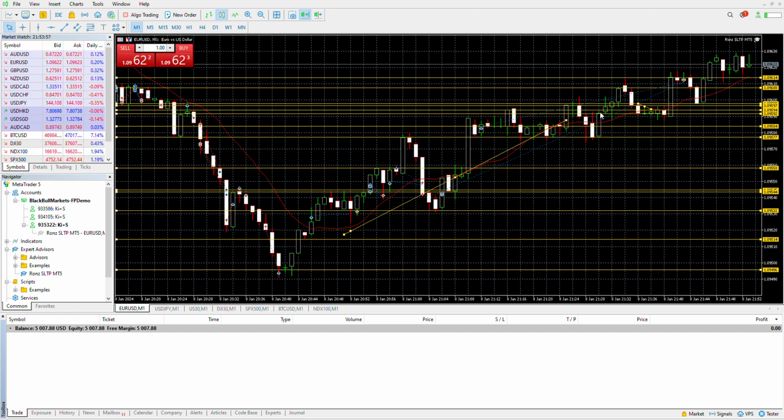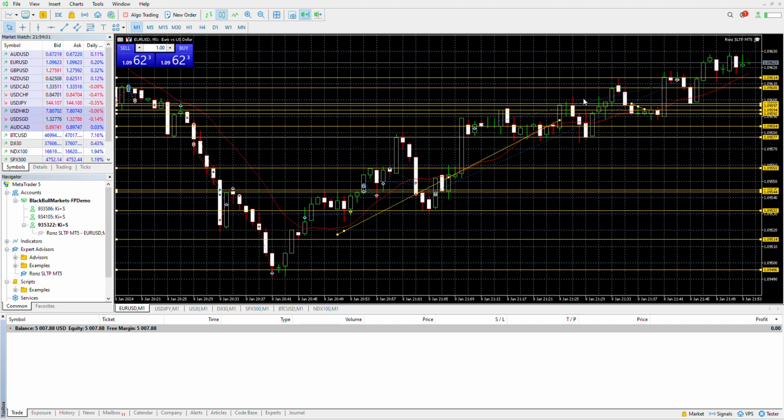Then it moved up, and here is another area of major resistance where it went up and then returned and then finally made a thrust to escape that resistance area. And at that point, right here is when I sold.